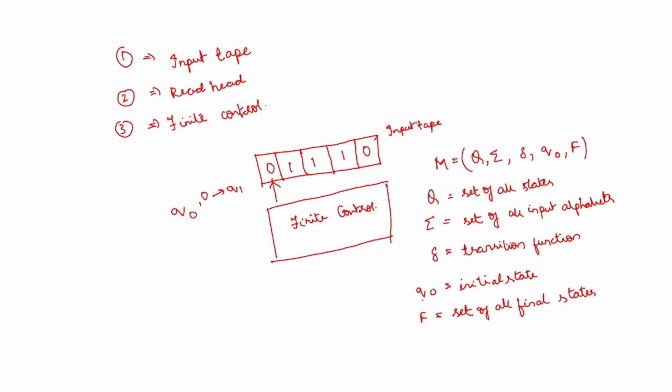If you observe here, we have only one initial state, and we can have more than one final state. This is how we define finite automata.